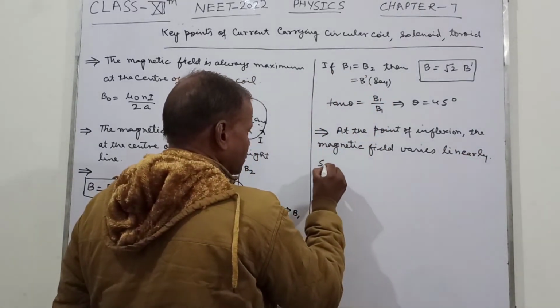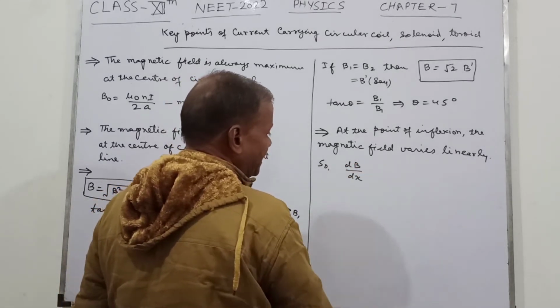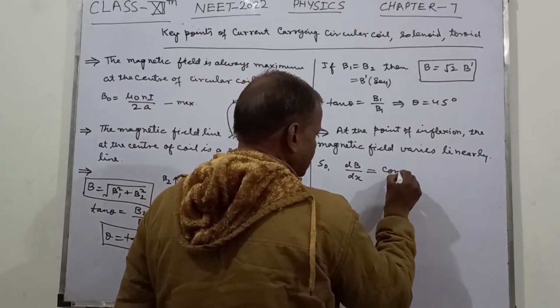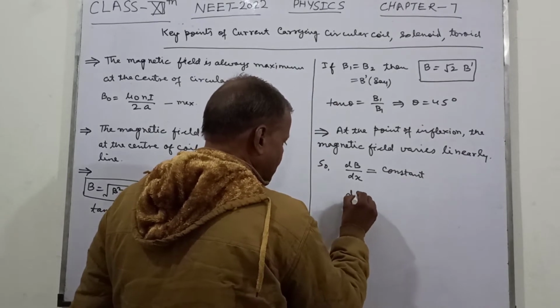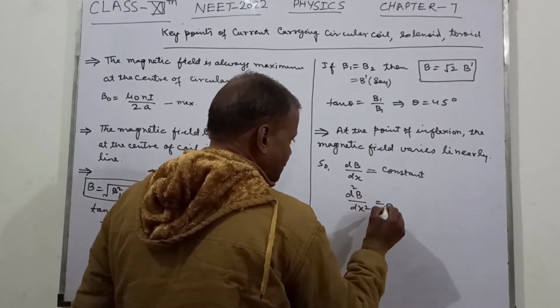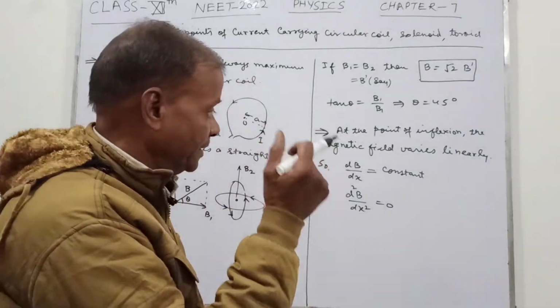So dB upon dx is equal to a constant, and d2B upon dx square is equal to 0. These are the two conditions for the point of inflection.